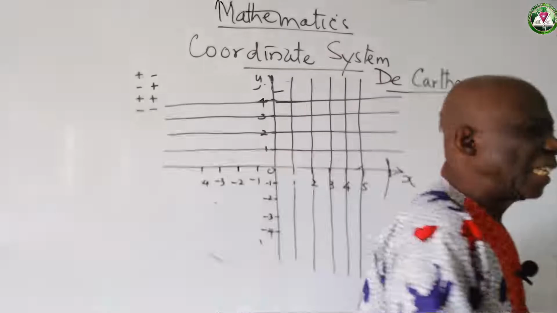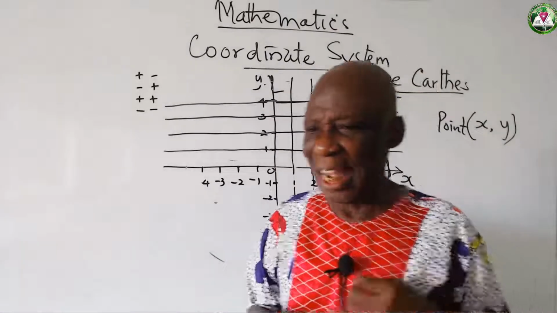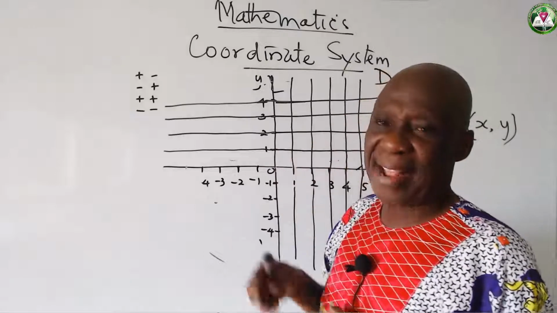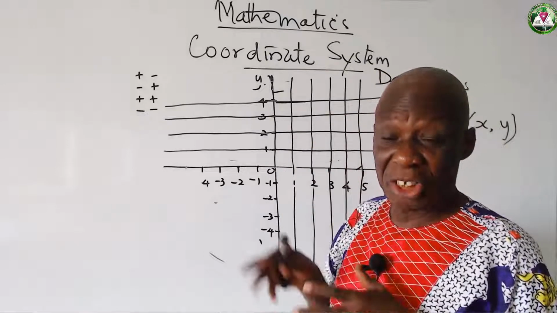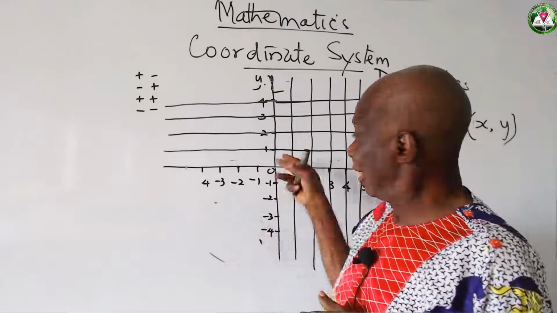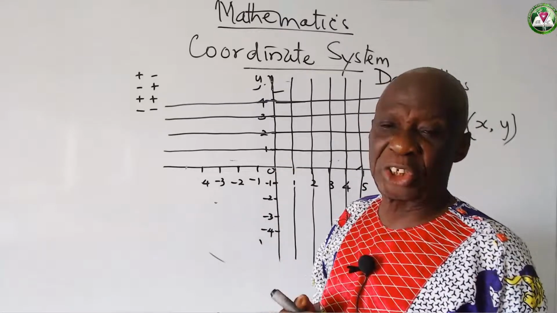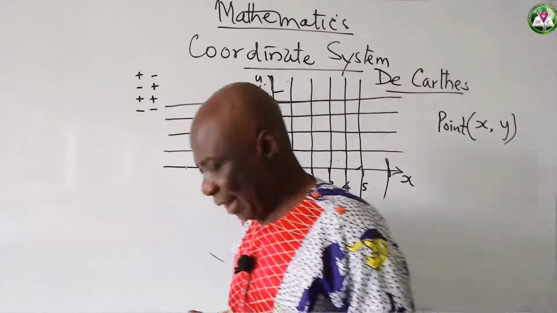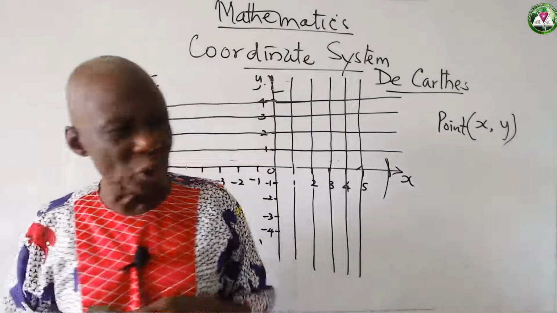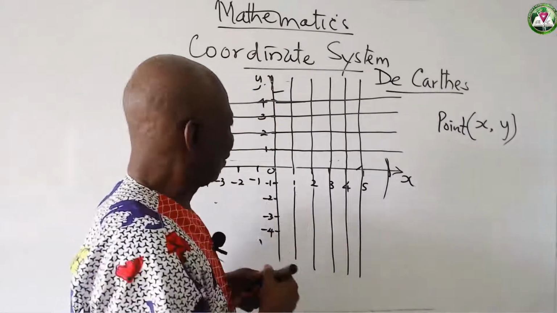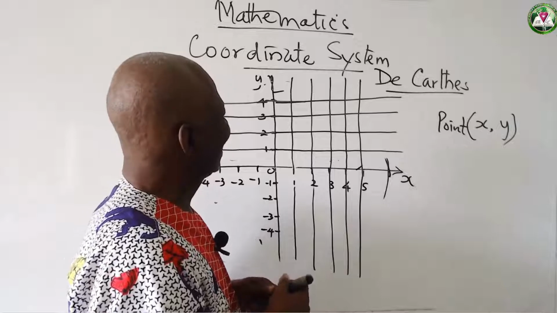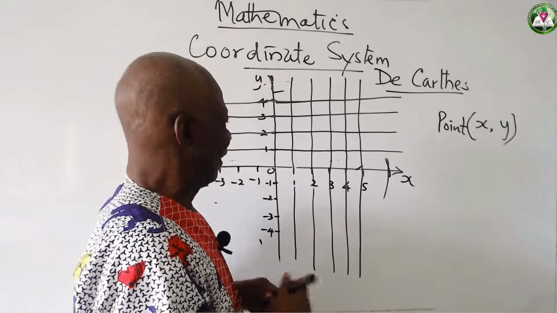And you will see that your graph sheet has small squares. It is as a result of this thing which Descartes did. Then he said, suppose I am given from this graph now, I'm given a point. He says, name the point.